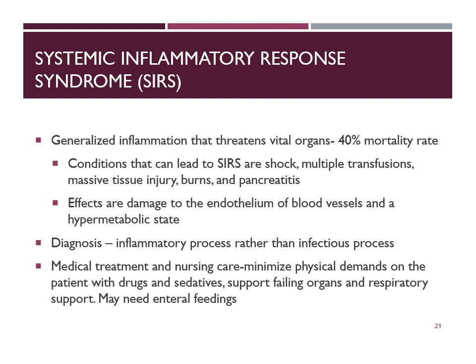Conditions that lead to SIRS are shock, multiple transfusions, massive tissue injuries, burns, and pancreatitis. Effects are damage to the endothelium of blood vessels and a hypermetabolic state. So that damage to the endothelium sets up that inflammatory response.